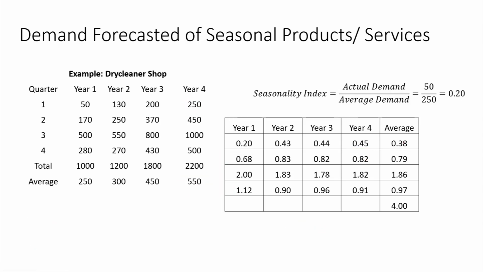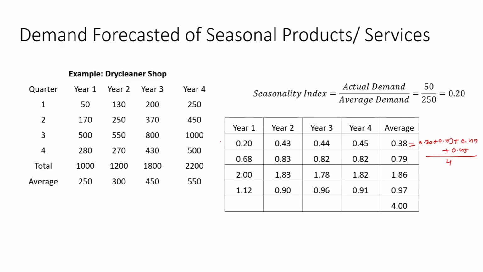Now, I will calculate the average seasonality. Average is the average of these 4 numbers. So, 0.38 is coming from 0.20 plus 0.43 plus 0.44 plus 0.45, all divided by 4. So, that gives me a number 0.38.